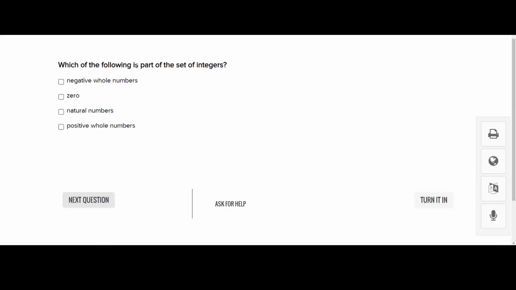Which of the following is part of the set of integers? We have negative numbers, we have 0, and we have positive numbers. So 0, negative numbers and positive numbers are all integers.